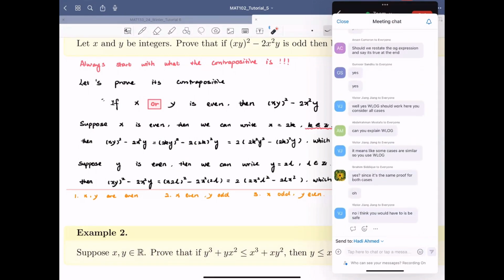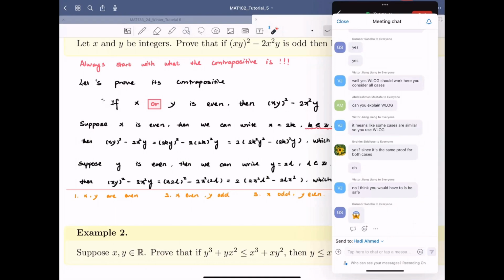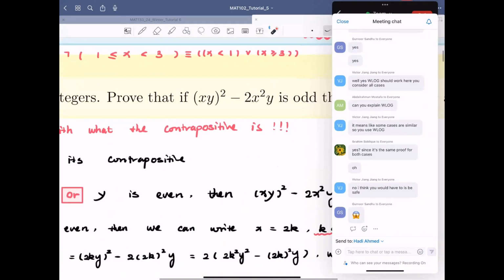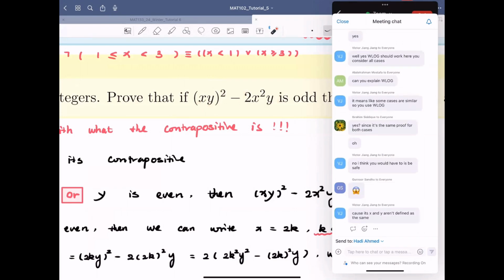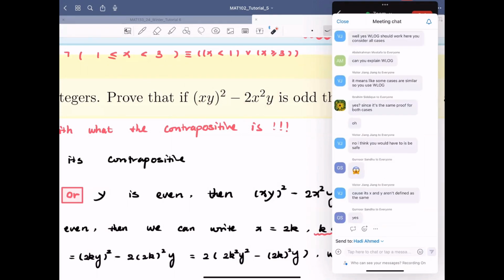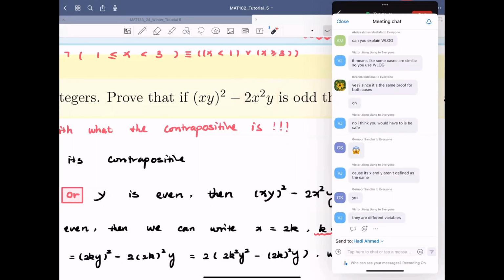Why? Because x and y are not symmetric. The first part here doesn't matter if you switch x or y. But here it matters. Even if I switch x and y, it will be different.